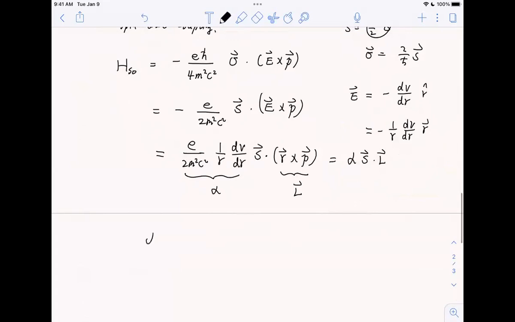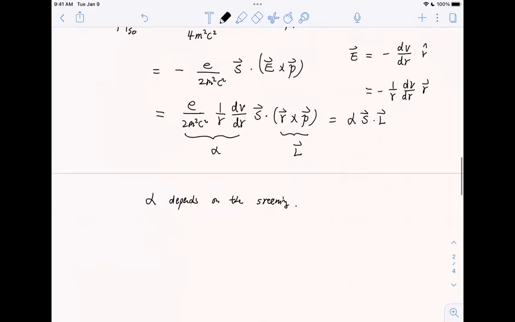So you need to know that alpha depends on the screening, because this V overall is the mean field potential. V is a function of r, the average potential of the atom.